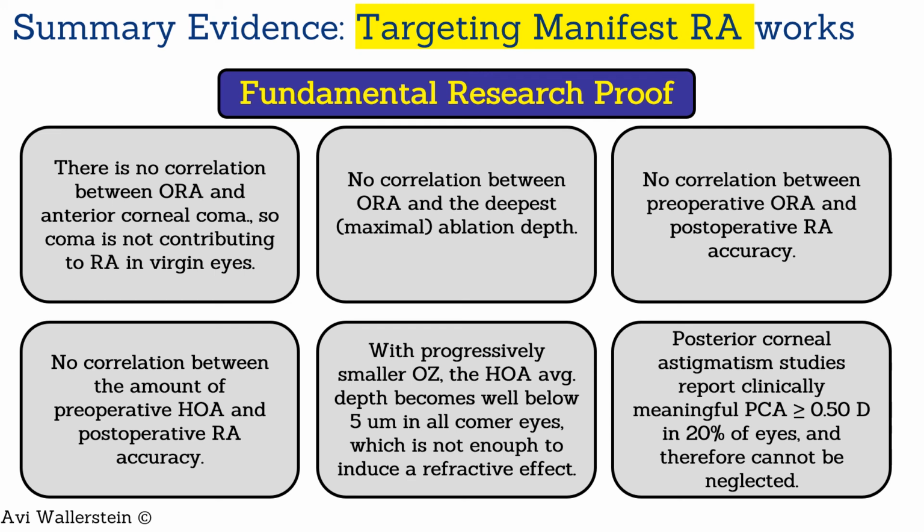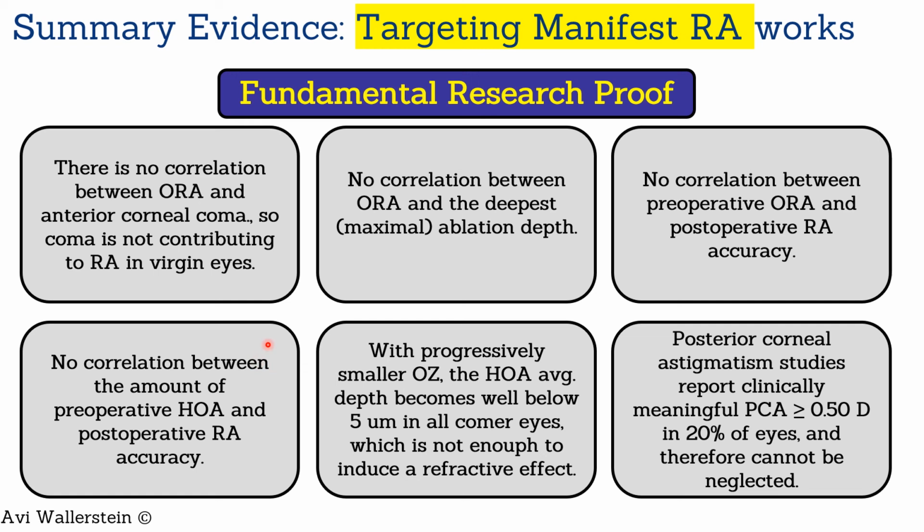Here we see the fundamental research evidence that targeting manifest RA works. There is no correlation between ORA and anterior corneal coma, so coma is not contributing to RA in virgin eyes. No correlation between ORA and the deepest ablation depth. No correlation between preoperative ORA and postoperative refractive astigmatism accuracy.